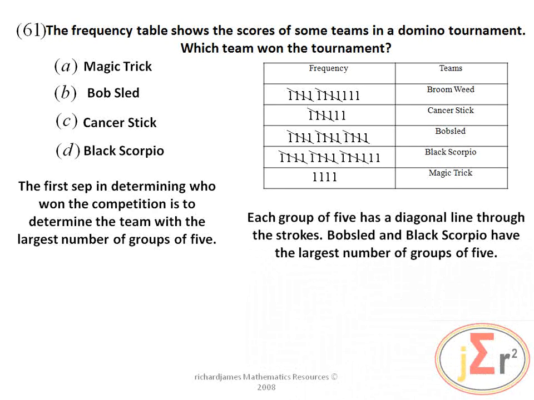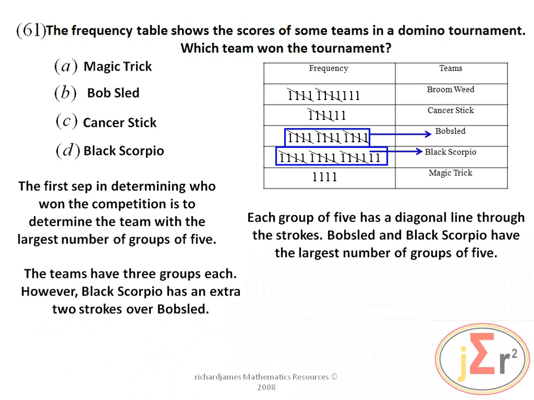Each group of 5 has a diagonal line through the strokes. Bobsled and Black Scorpio have the largest number of groups of 5. There we have them, Bobsled and Black Scorpio. The teams have 3 groups each. However, Black Scorpio has an extra 2 strokes over Bobsled.